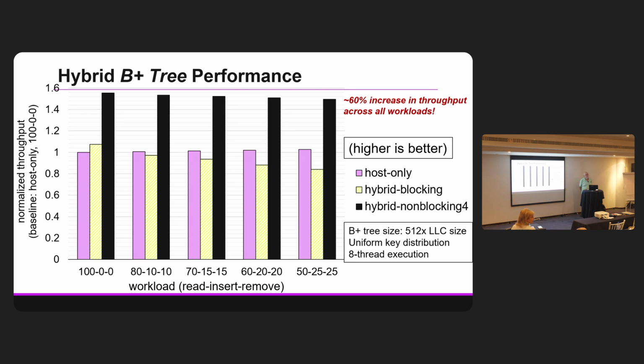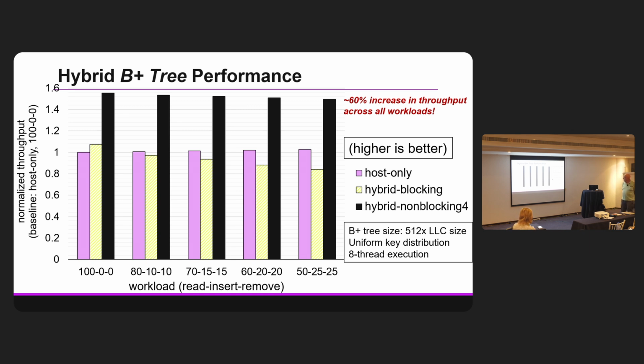Yeah. So could this increase be simply due to this solution having more processing units, more processing power? Kind of just how fair is it to compare a host-only solution to this last solution?